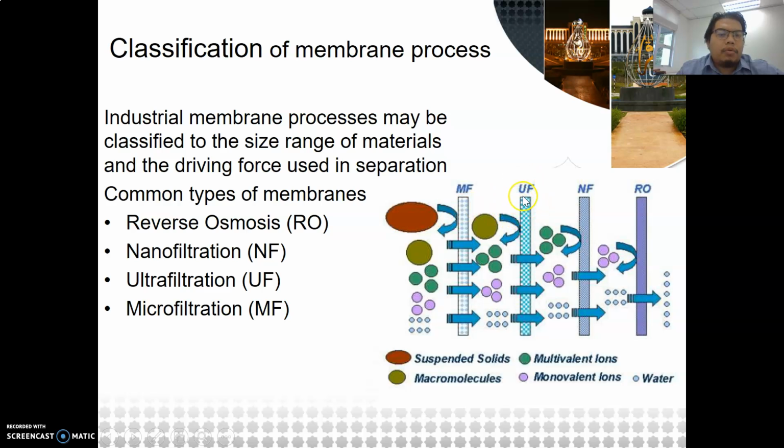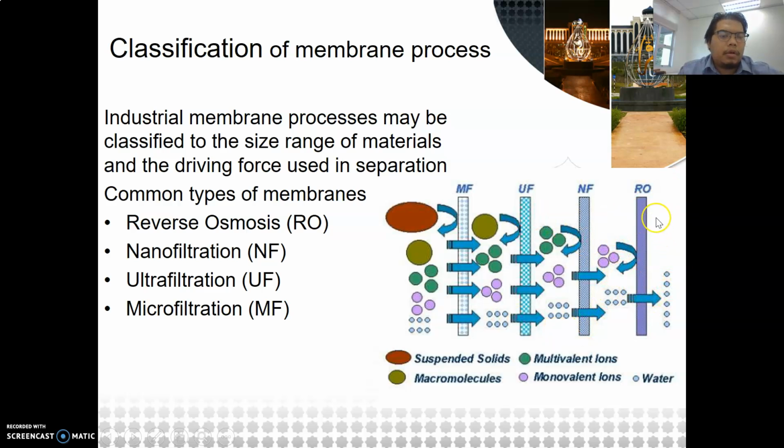And if you go to ultrafiltration, we have four particles now, so it will retain the larger particle among them and permeate the rest of the particles according to their size. The same thing happens in nanofiltration and also reverse osmosis.